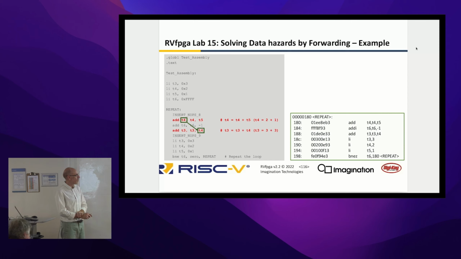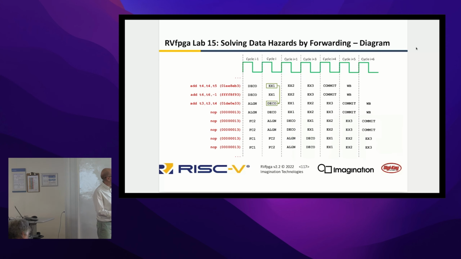Remember that we have two ways, so this will be in way 0, this will be in way 1 in the same cycle, and then this will be in way 0 again. So the solution used here to resolve that data hazard is to forward this value from this instruction to this instruction. Okay?